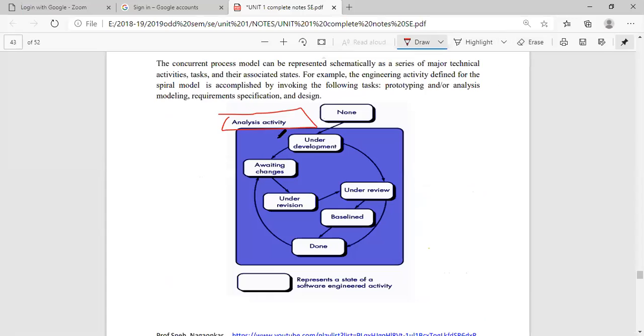There are different activities: under development, awaiting changes, under revision, under review, baseline, and done. These are a set of five to six activities. You can call these activities tasks, or states also. Is it clear? Activity analysis is nothing but finding out what activities are carried out during module development or during the entire software development.